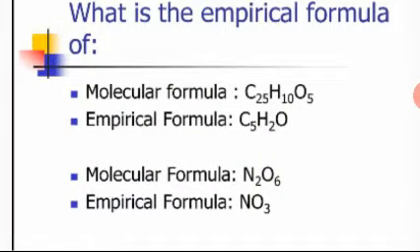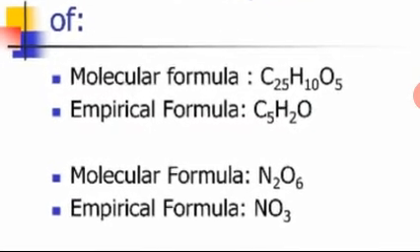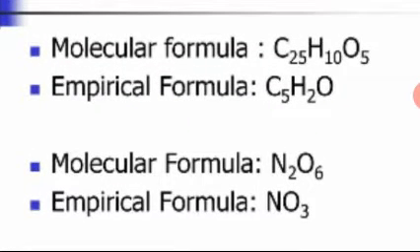What is the empirical formula? This is for your practice. Molecular formula C25H10O5. Can you divide it? Yes. 25, 10 and 5 are multiples of 5.